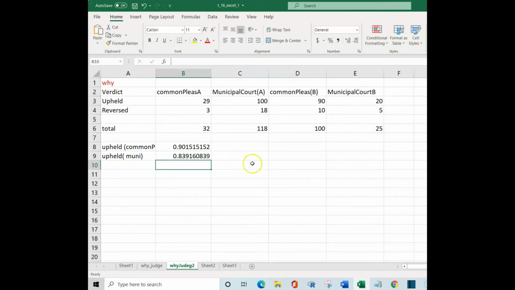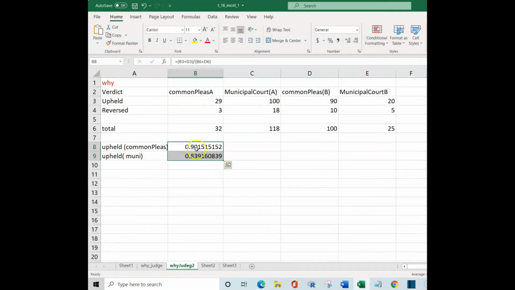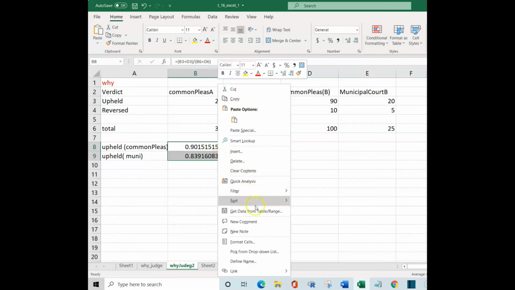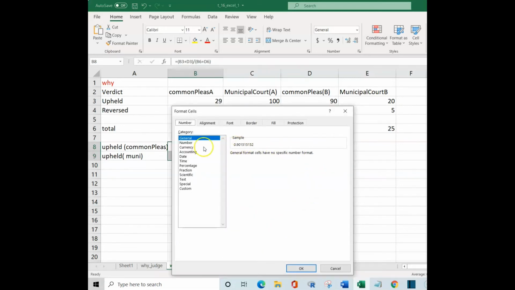Okay, so if we look at these two numbers, for the common pleas, the type 1, we have a 90% successful rate. For the second one, we have 84. So let's format it. So use percentage.